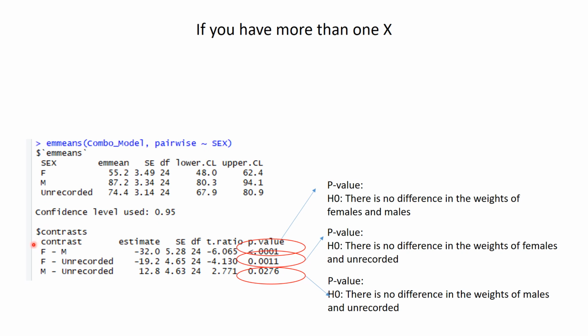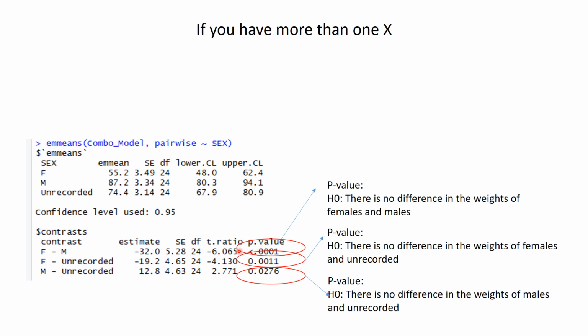And we again see these comparisons between female and male and female and unrecorded. And we see that the p-value here represents the null hypothesis that there's no difference in the weights of males and females. The second p-value here represents the null hypothesis that there's no difference in the weights of females and unrecorded.